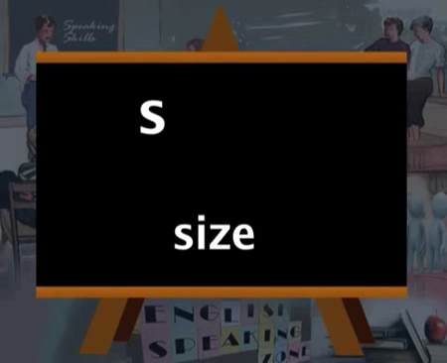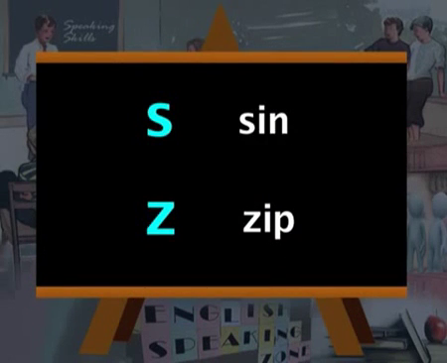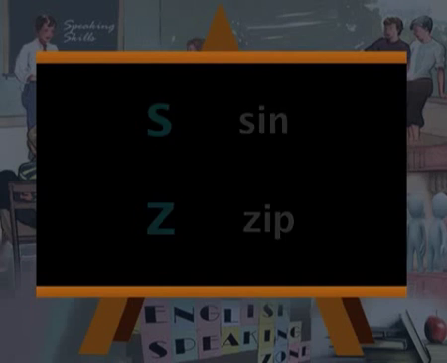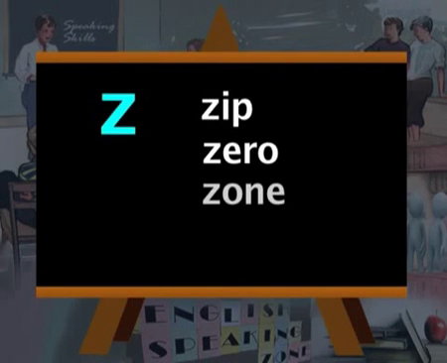We have to make sure that the voicing is important when we produce this word. In the initial position it is voiceless, and in the final position it is voiced. Sin and zip: when you have the word sin, you have S word initially. In a word like zip or zero or zone or zoo, we have the Z sound.